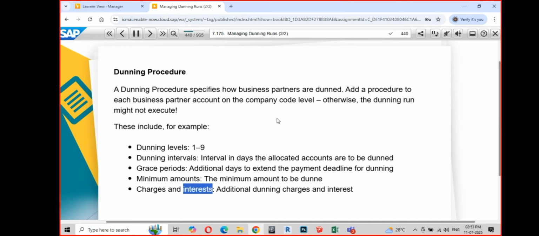Wouldn't I enjoy the interest on this receipt? So in the reverse case, I penalize my customer to pay the interest also. Clear? There is a separate topic called interest calculation. If it is there, we'll worry about it. If it is not there, let us not even talk about it. But all you should know is these are the components within your dunning procedure.